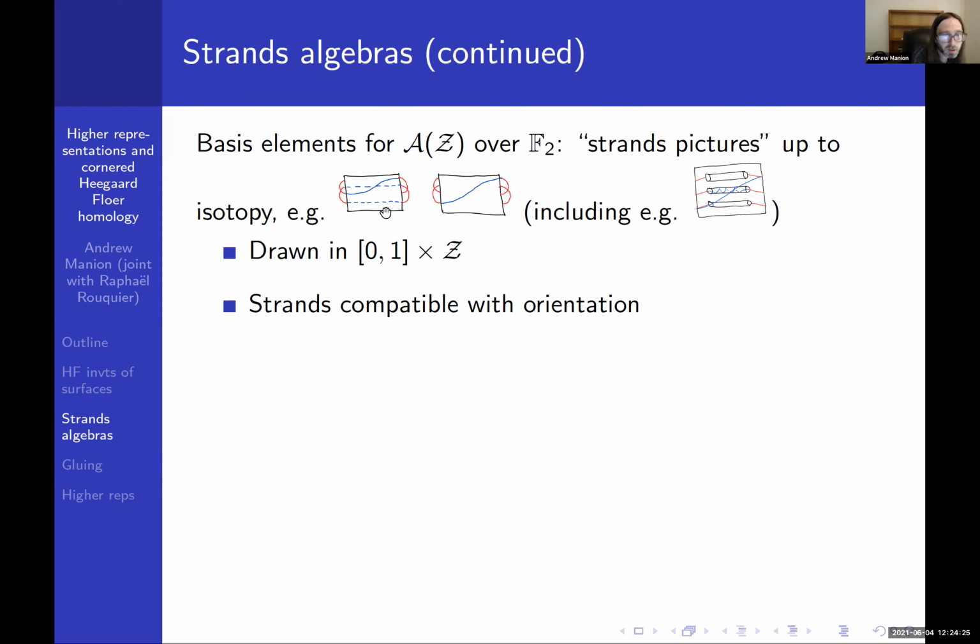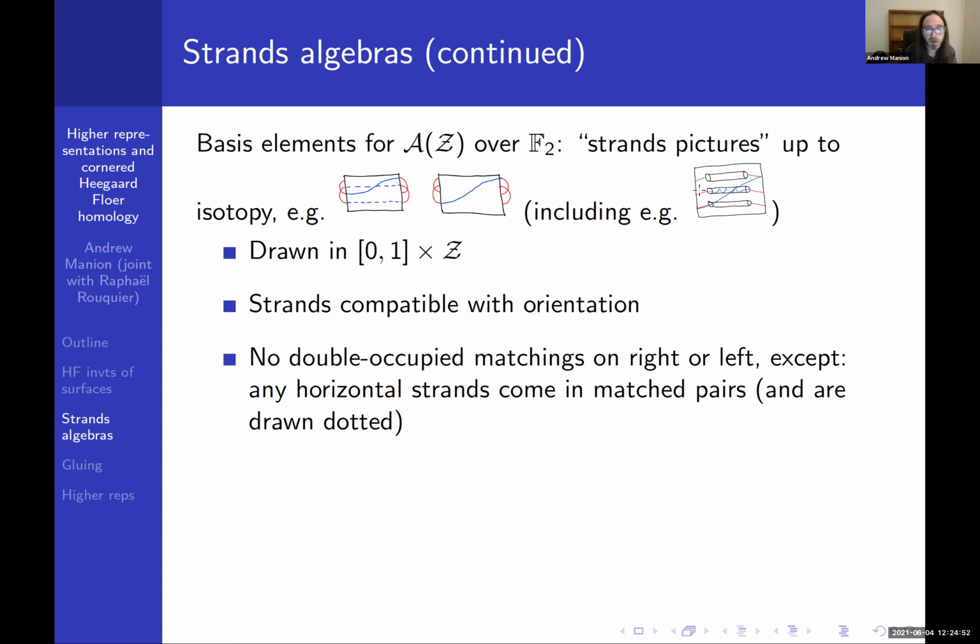I didn't draw the orientation on this arc diagram, but it's supposed to be pointing up, and then the strands have to go in that direction. They can't go backwards. If I have one of these cylinders, I can have strands that go arbitrarily many times around, but they can't start going in the opposite direction. They can just wrap as many times as they want in that one direction. So they've got to start and end at one of these points where the red arcs start and end.